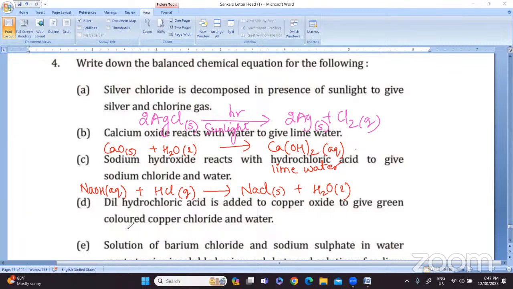Okay. Next question: dilute hydrochloric acid is added to copper oxide to give green colored copper chloride and water.